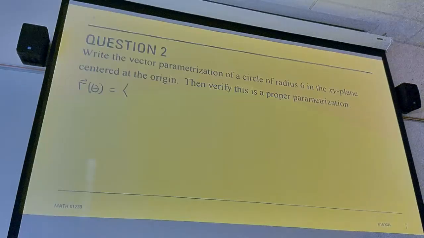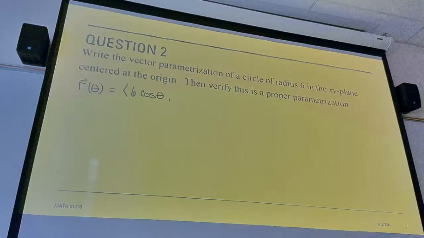What would the x component be? Six, just 6? 6 pi. I agree with the 6. 6 cosine theta.